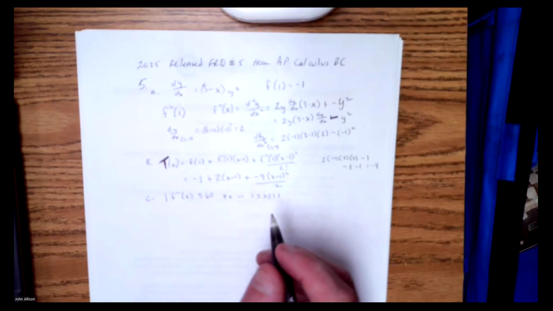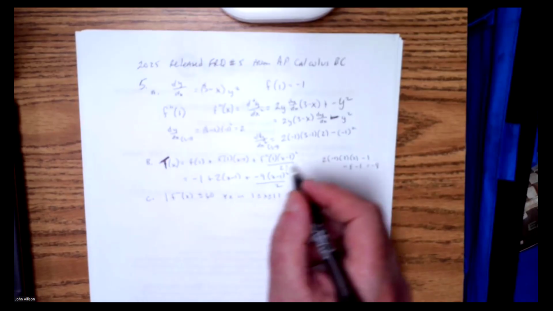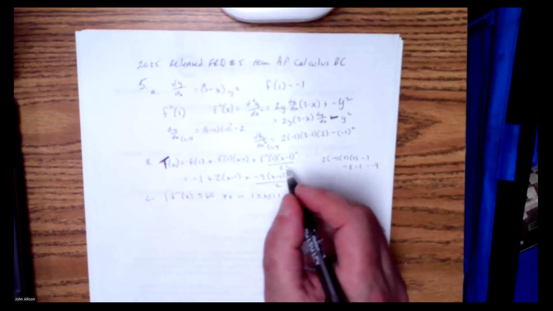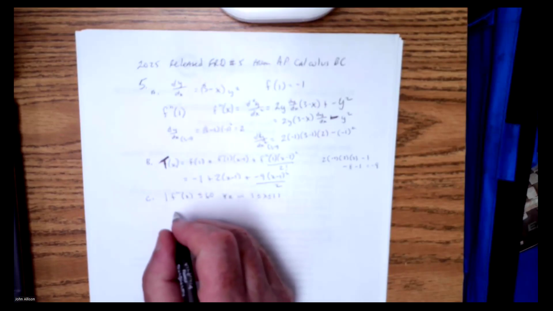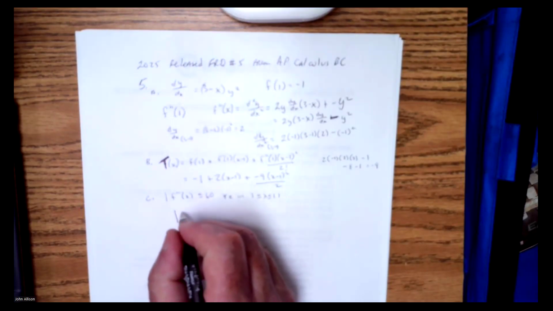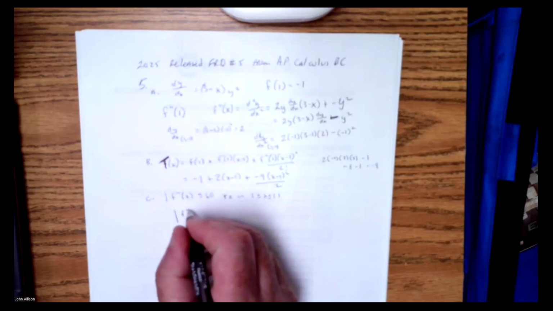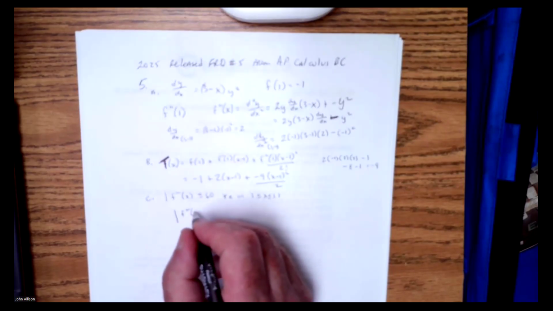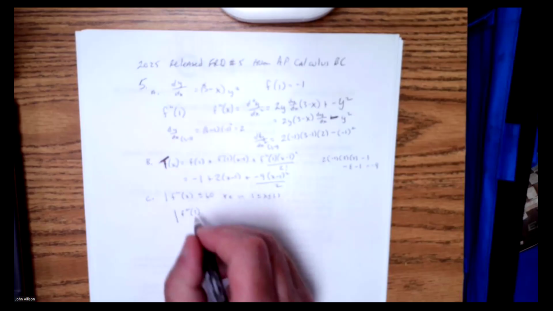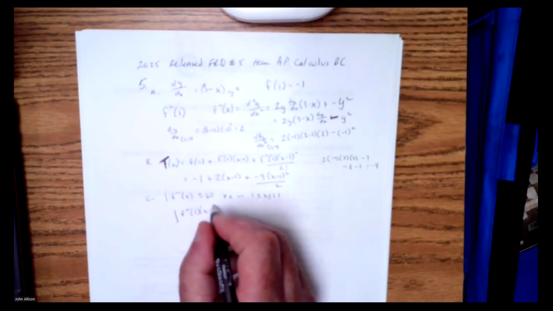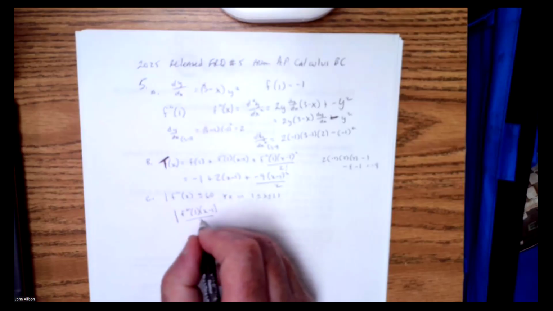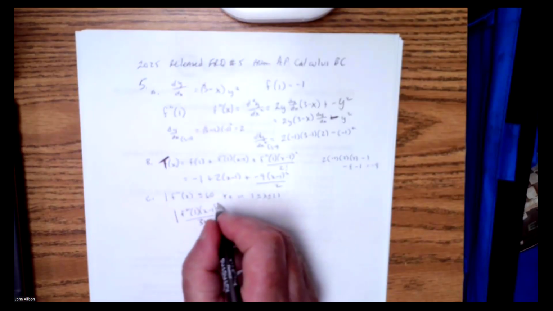Use the Lagrange error bound to show that the approximation differs from f of 1.1 by at most 0.01. So we're going to find the next term in the Taylor polynomial. So we're going to look at the absolute value of the third derivative at 1 times x minus 1 over 3 factorial, that's cubed, right?